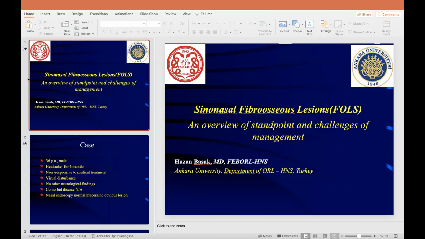Another thing is avoiding future problems. Like I said, here you can see a tumor going to the orbit. It's just pushing the orbit laterally on the CT scan and MRI. You can watchfully wait and scan these patients, but that doesn't make any sense. At some point, this patient will get orbital symptoms, so it will be better to resect this.